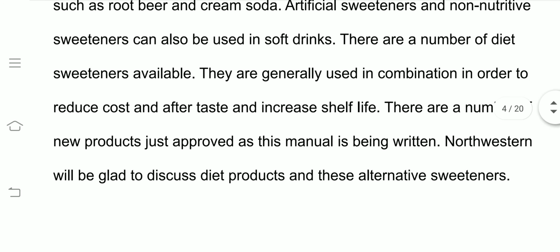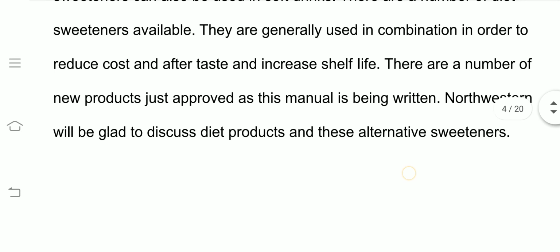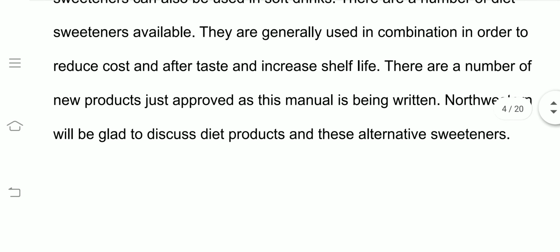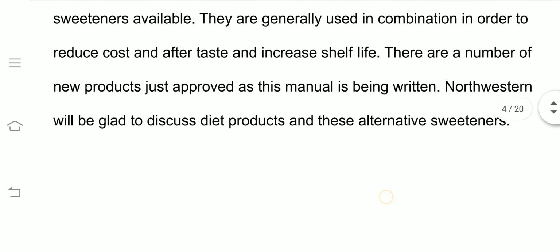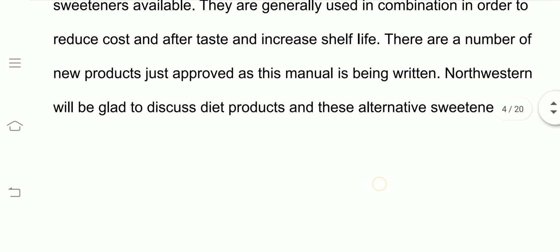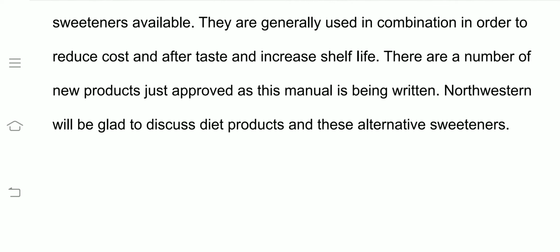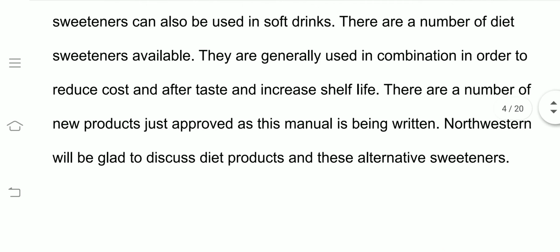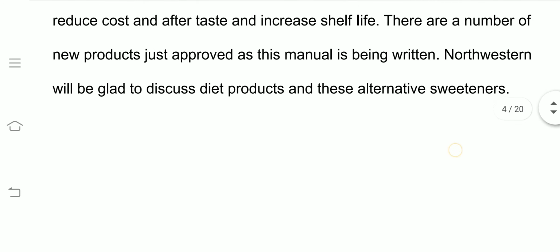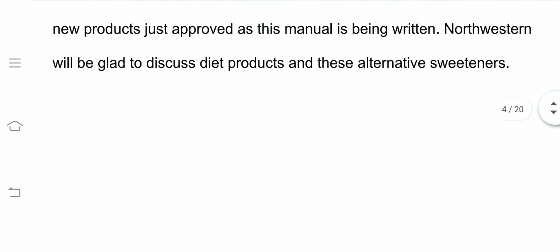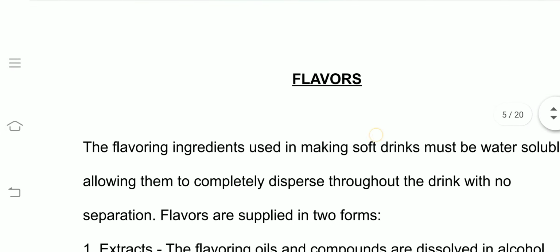There are a number of diet sweeteners available. They are generally used in combination in order to reduce cost and aftertaste and to increase shelf life, as aftertaste is the side effect of using artificial sweeteners. There are a number of new products using numerous combinations of sugar and artificial sweeteners.